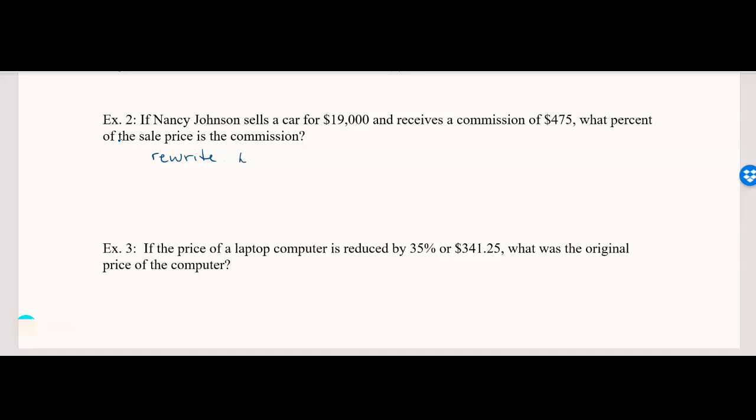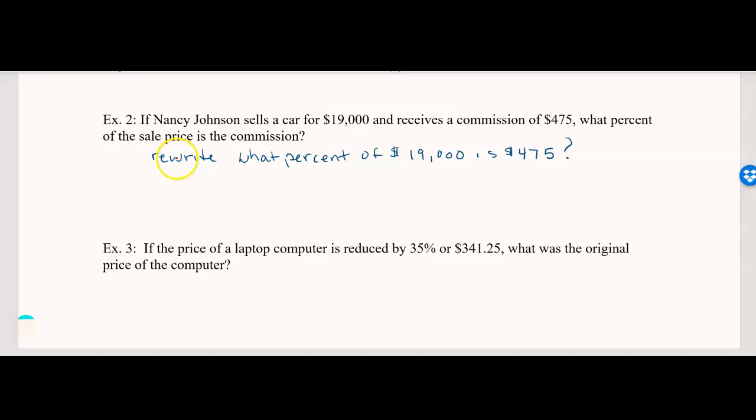We are asking what percent of the $19,000 is 475. Again, you don't have to rewrite, but I just find it easier when I'm saying what it is we're looking for. We want to know what percent of what they sold the car for was their commission.